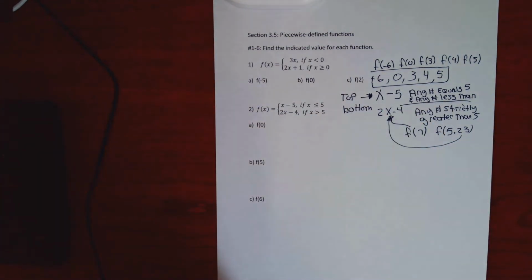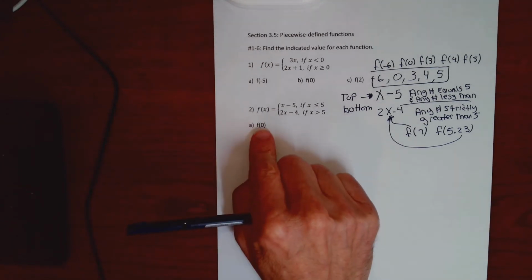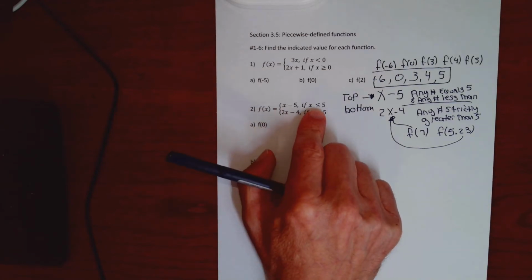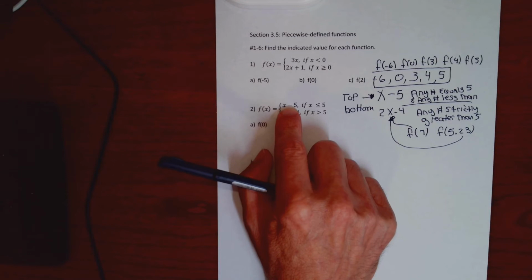So for each of the problems in number 2, I'll look at the number and it will tell me whether I'm going to use the top function or the bottom function. This rule says for any number that's equal to 5 or less than 5, plug the x into x minus 5.